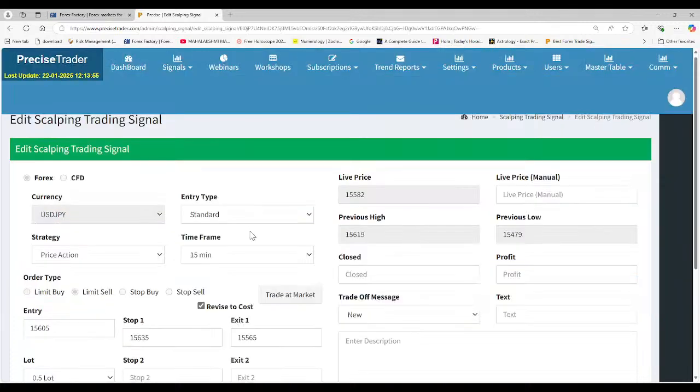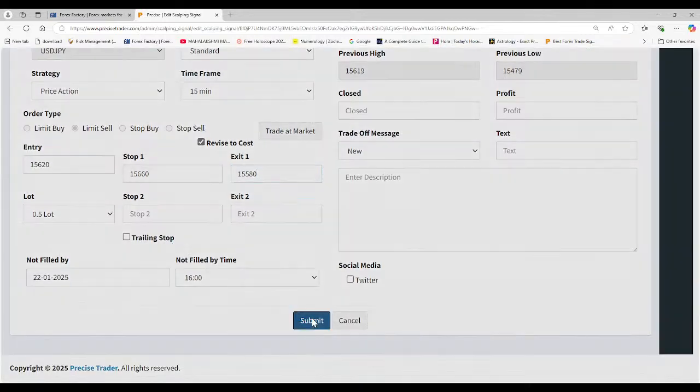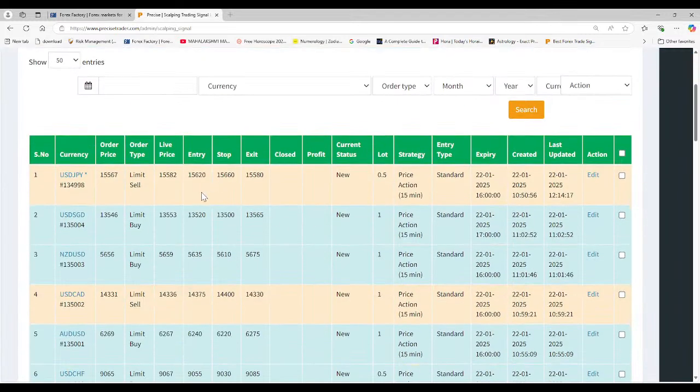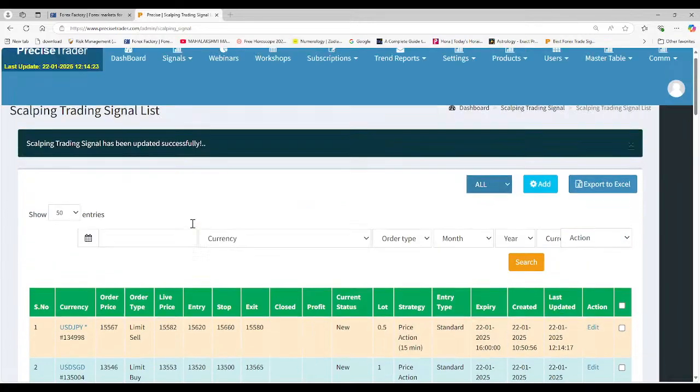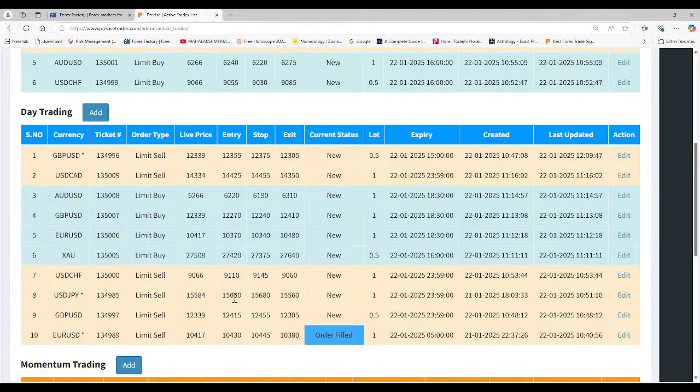So maybe we can raise it to 15620 and stop at 15655 or 15660. And 15575 or 15580, just 80, yeah. And this is also a half lot. Okay, so I think the revision is we just have to put in at least a first entry and a second entry. And this one also I think we're trying to exit before 15560. I think this should be okay.